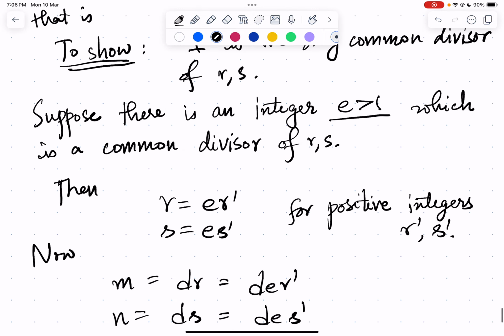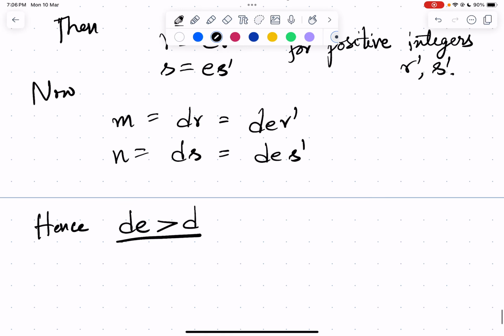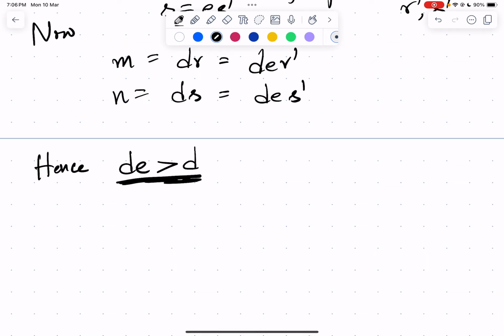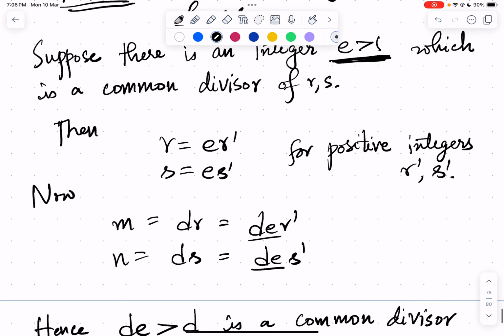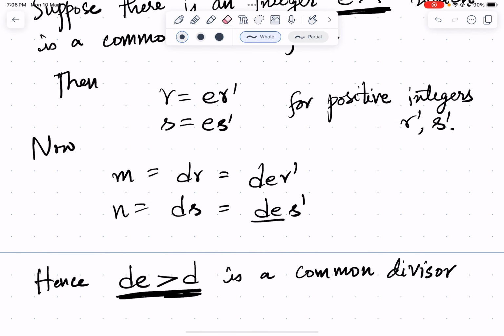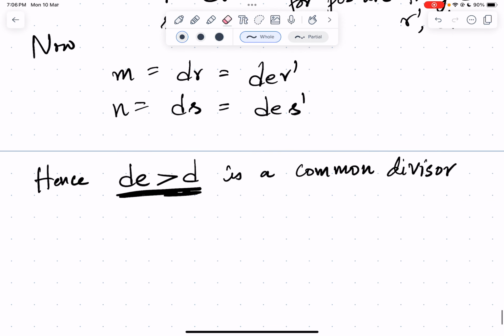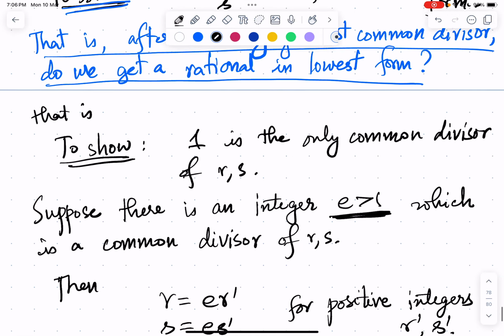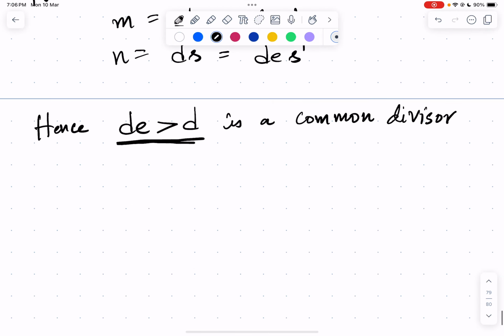So here we assume e is greater than 1. Hence de is greater than d, and de is a common divisor of m and n.